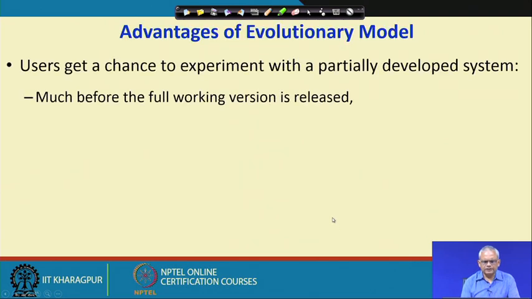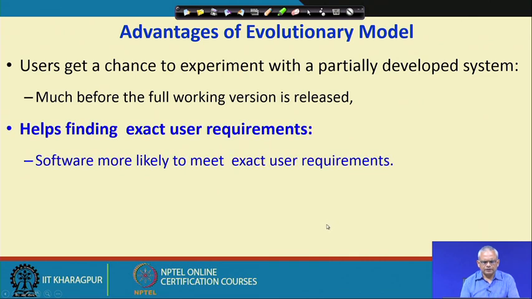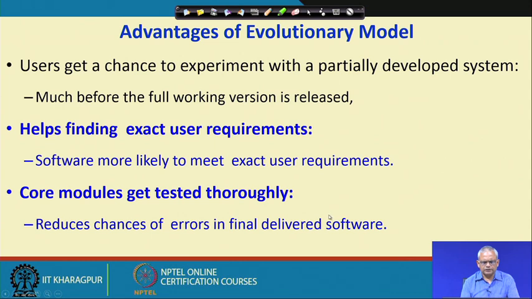There are many advantages of this evolutionary model. The users can experiment, give their feedback, and use it for real work, so that they get a real feel of how it performs. Therefore, it helps find exact user requirements, and finally, when it is deployed at the customer site, it is very likely to meet the exact user requirements.